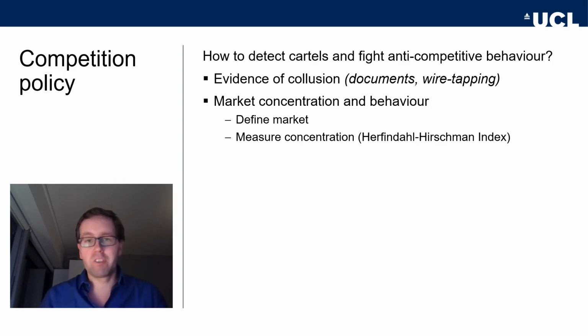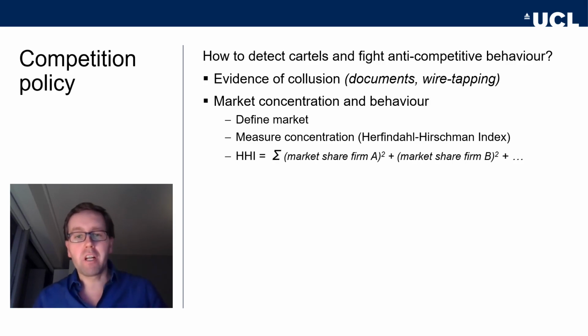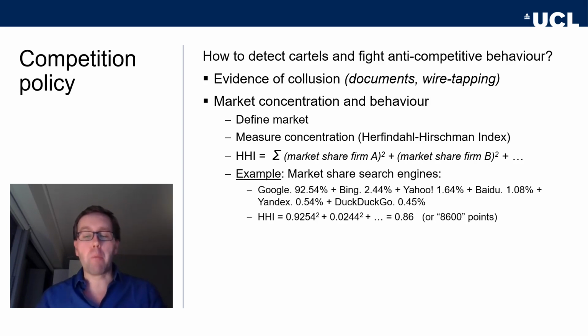And the standard measure for concentration in a market is the Herfindahl-Hirschman index. And the Herfindahl index is basically the sum of all the squared market shares of all the companies in the market. So, as an example, I went and had a quick look at market shares for search engines in 2020.